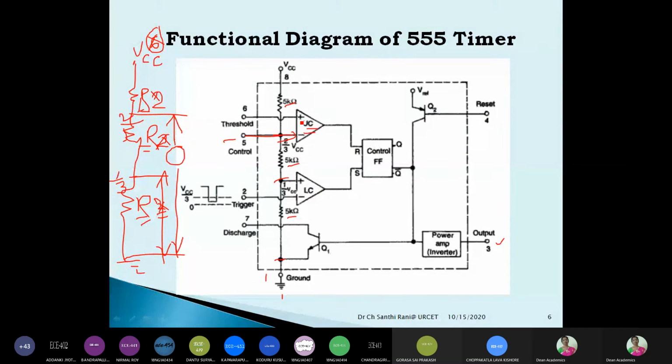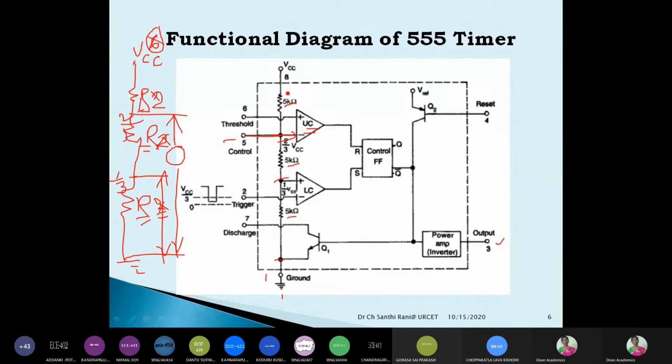So this is the upper comparator and this is the lower comparator. For these two comparators, we will have reference voltages. That reference voltage is generated by these voltage divider resistors through VCC.